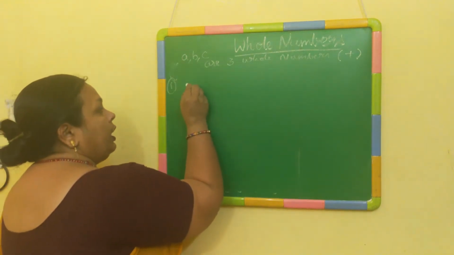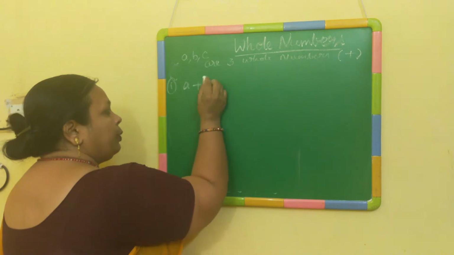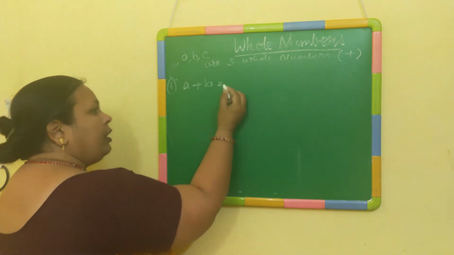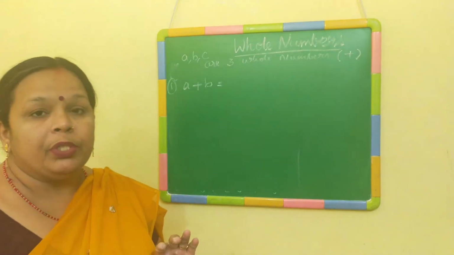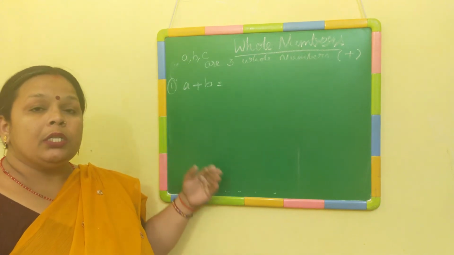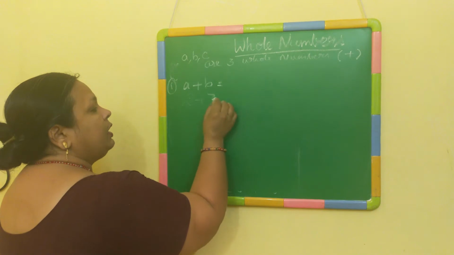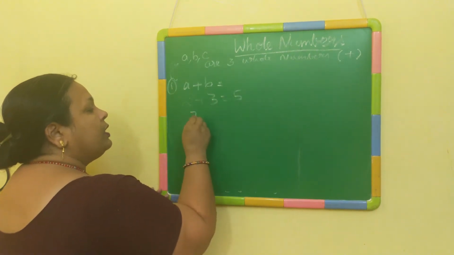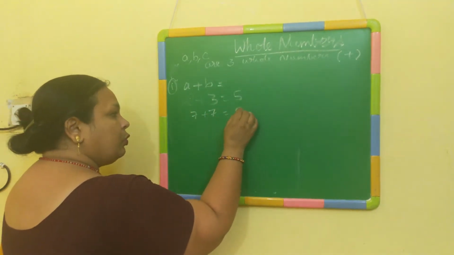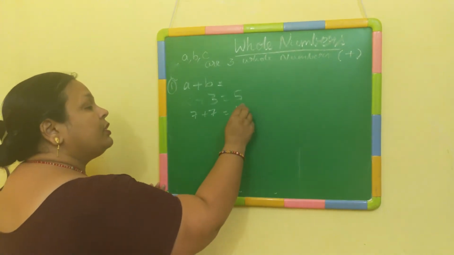This is A plus B. The first property says that whenever we add 2 whole numbers, we are going to get the result as a whole number. Now if we take an example, 2 plus 3, we are going to get 5. 7 plus 7 is 14.